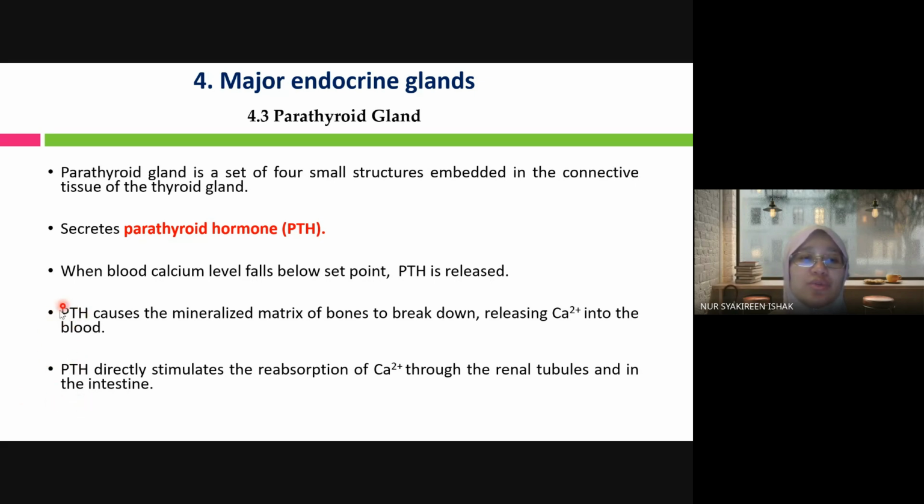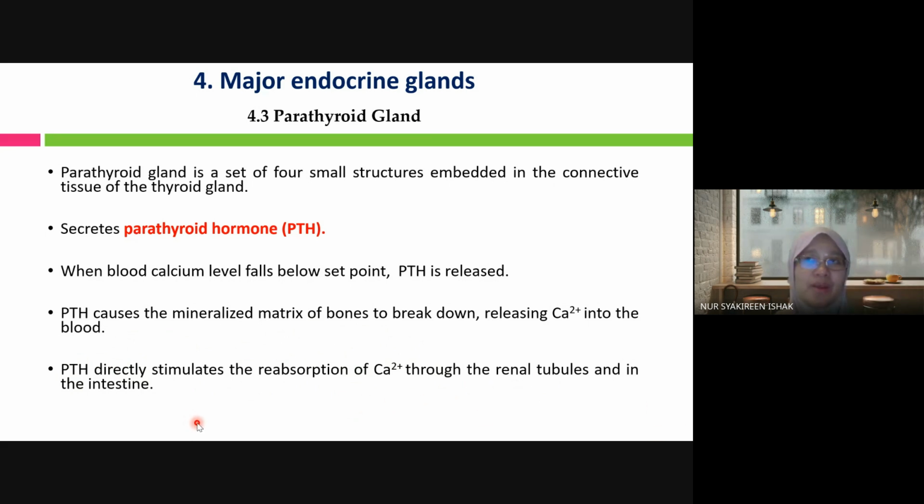So these are the two mechanisms of how PTH works. Satu, dia ambil calcium daripada tulang kan, so it causes the mineralized matrix of bone to break down, releasing calcium into your blood. Calcium level tadi low, dia akan increasekan balik, satu cara. And then the next method is that PTH stimulates reabsorption of calcium through the renal tubules and in the intestine.